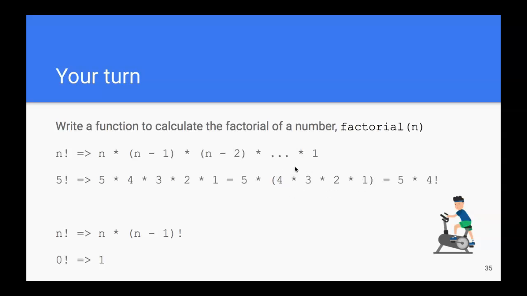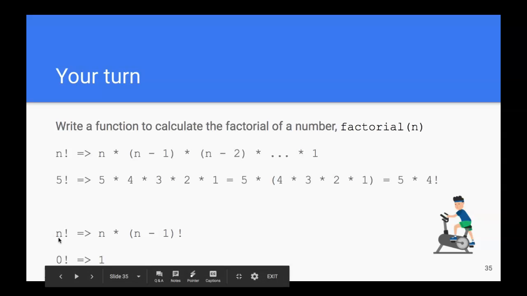And what does this look like to you? This is just 4 factorial. So 5 factorial really equals 5 times 4 factorial. And if you generalize this, it means n factorial is n times (n minus 1) factorial.